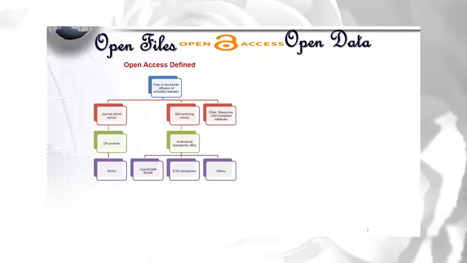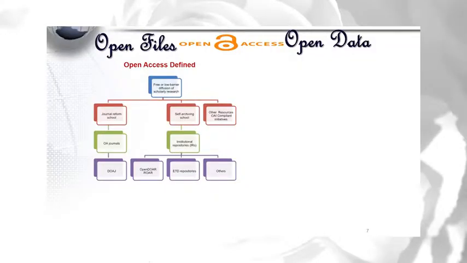There are two schools of thought, particularly for the journal resources. One is the open journal school and another is the self-archiving school. When we talk about the journal school, we are talking about open access journals, where the journals are published on an open access platform.